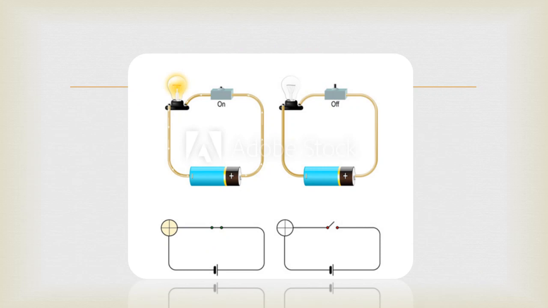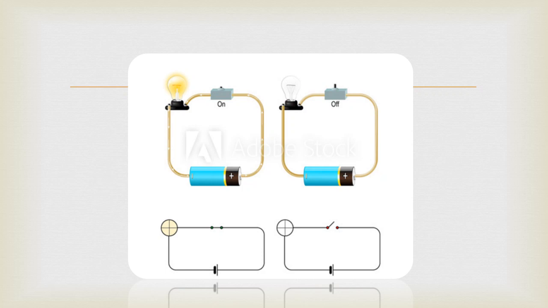Now here you can see a picture showing what happens if we switch on the plug key or switch which is connected with a battery and a bulb. Electrons will start flowing in the wire due to the cell. And what is the cell doing here? The cell is converting its chemical energy into electrical energy.